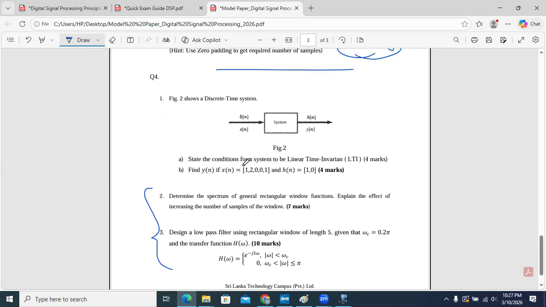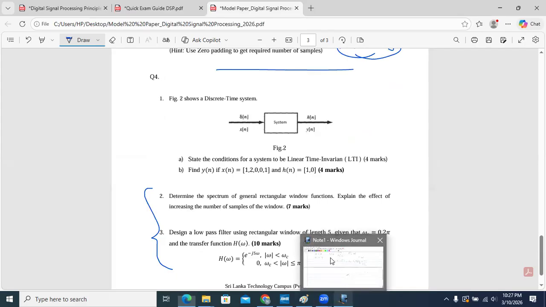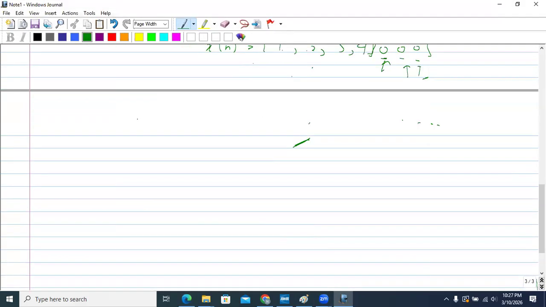And this part, you know that it is a linear time invariant system. You need to know that. Linear means I have explained this in that lecture too. Linear means the system is linear.